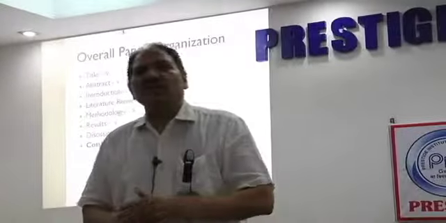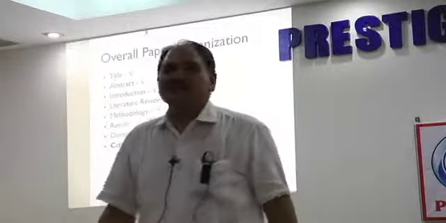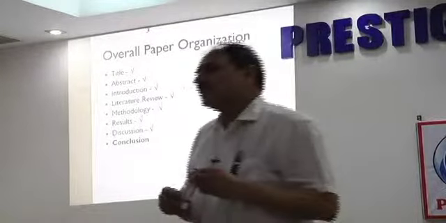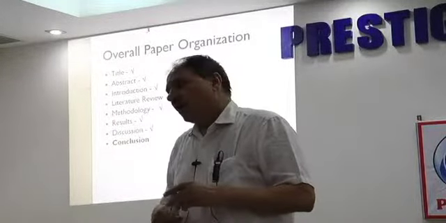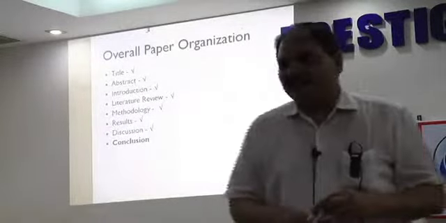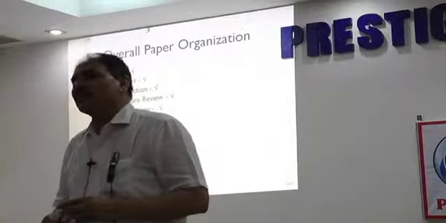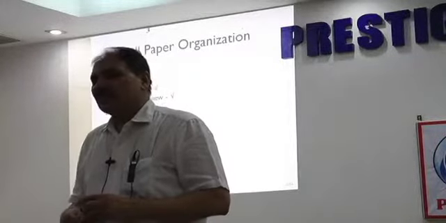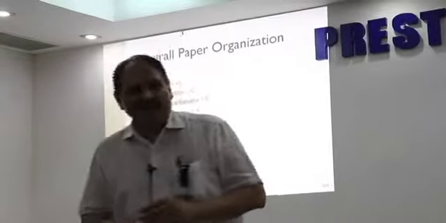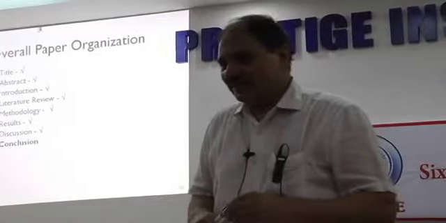Before I go into conclusion, there is one part that I did not list here, but that is absolutely important, and that is limitations of your study. There is a new trend the world over today, writing limitations in terms of direction for future research.